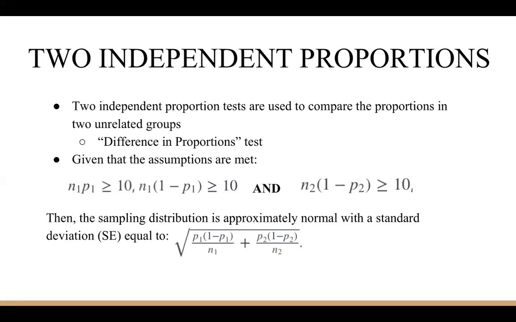You want to make sure that both meet your assumptions. And then you can say that your sampling distribution is approximately normal with that standard error formula there. I'm not going to bother reading it, but there you go. It's a square root of the proportions of each group.